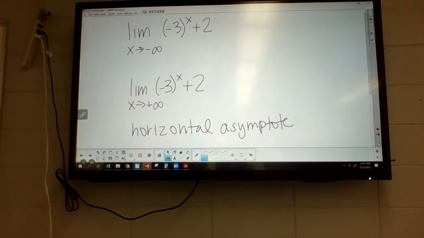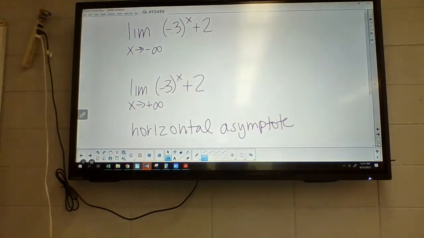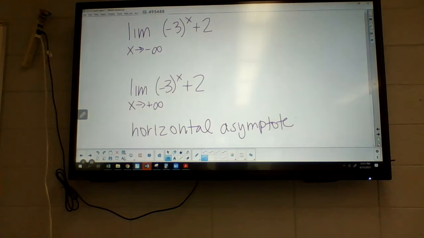It's leveling off. You don't use infinity with that limit. That's the number it's getting close to. It keeps going, and that's why the trace button is nice for that. It couldn't, because it's going negative infinity this way.